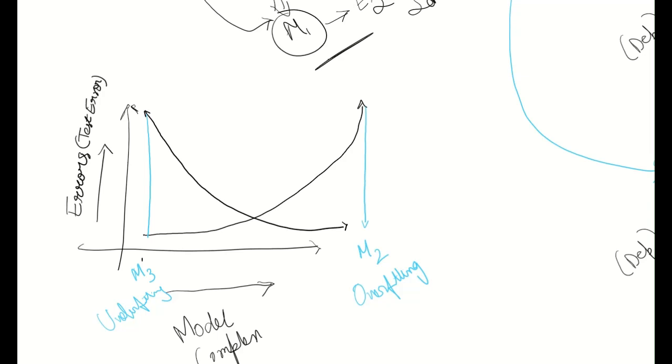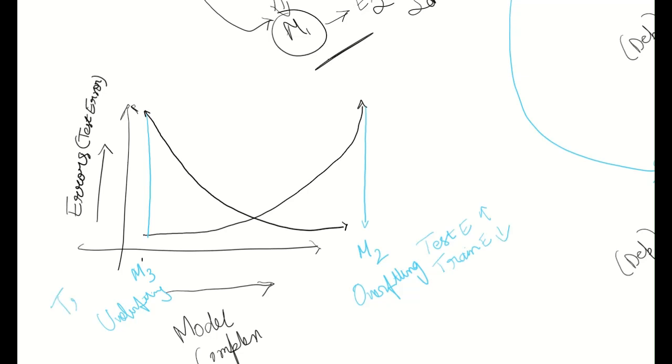And our model M1 is somewhat having good efficiency, or fewer errors, in both training and test. So let me just put here test error and train error. For the overfitting model, the test error is very high, but the train error is very low.